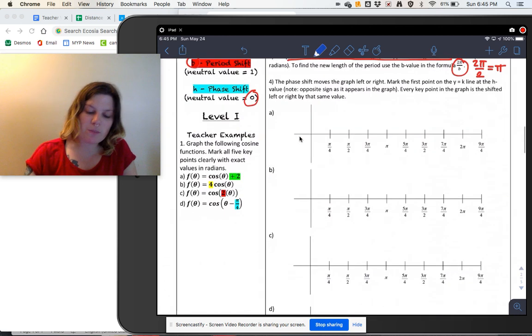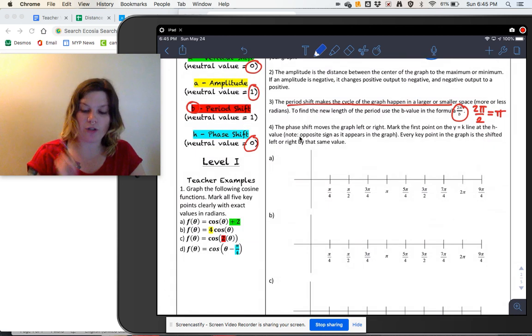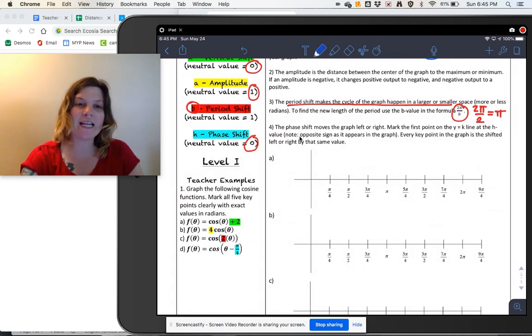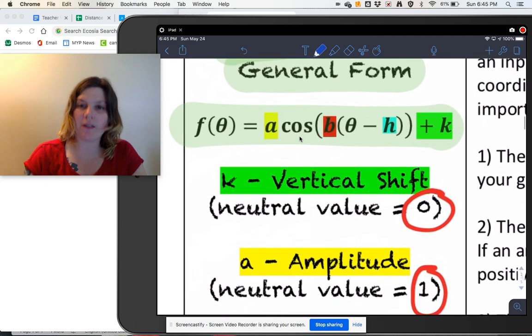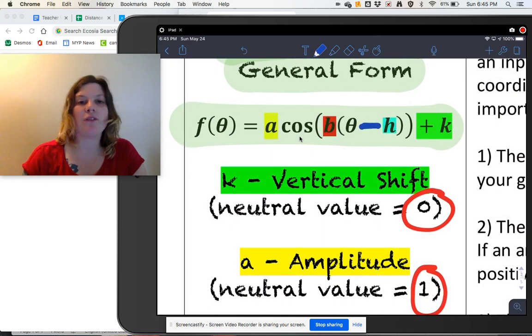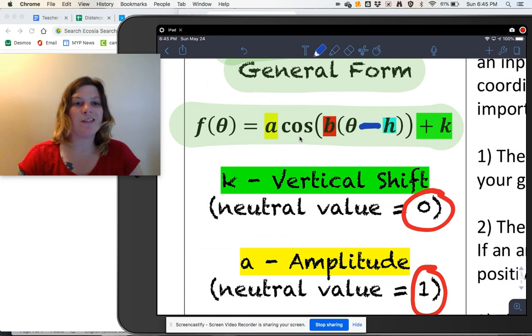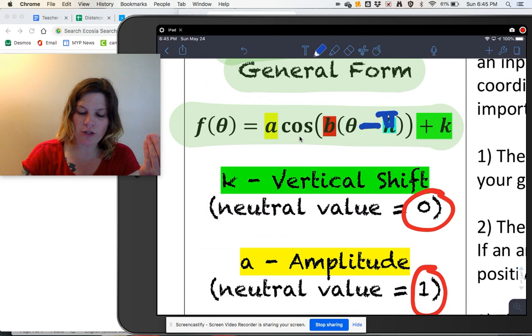Now, the confusing part about the h value, extra confusing part, is that the h value, you notice in the general formula here, has a negative in front of it. So that means if I said the h value was positive pi over 4, it would look negative because I'm plugging it into the formula that already has a negative in it.